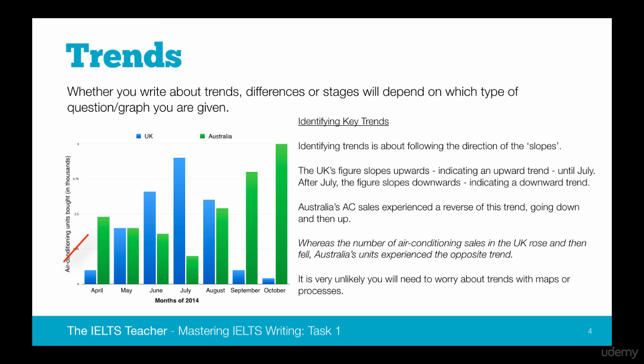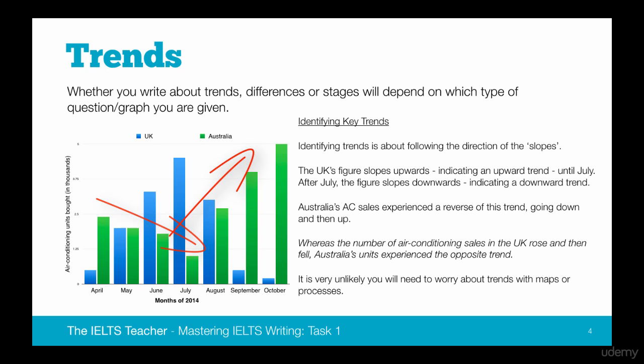So the UK's figure slopes upwards, as you can see, indicating an upward trend until July, but after July the figure slopes downwards, which indicates a downward trend. Australia's AC sales, their air conditioning sales, experienced a reverse of this trend, going down and then up, again just following the slopes.